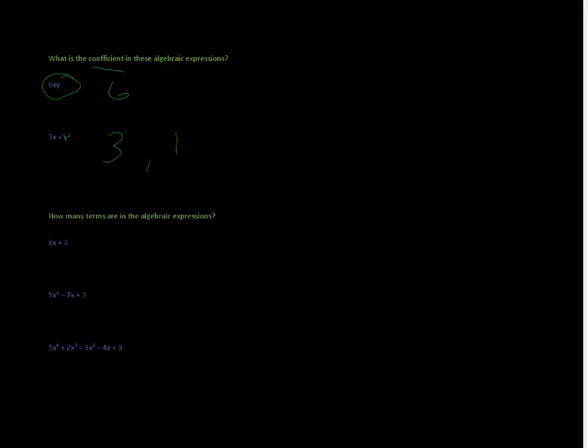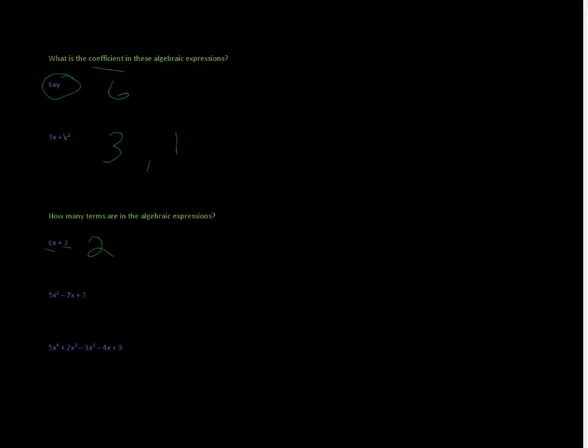How many terms are in the algebraic expression? This would be one term, this would be another term. So wherever there's a sign, that separates your terms. All right, so in this one, the first one, we would have 2 terms. 6x is one term and 3 is the other term.